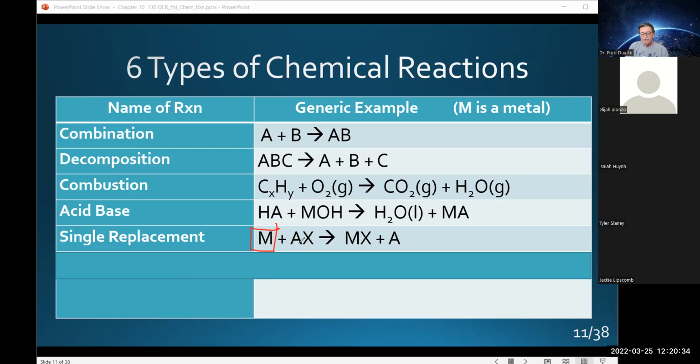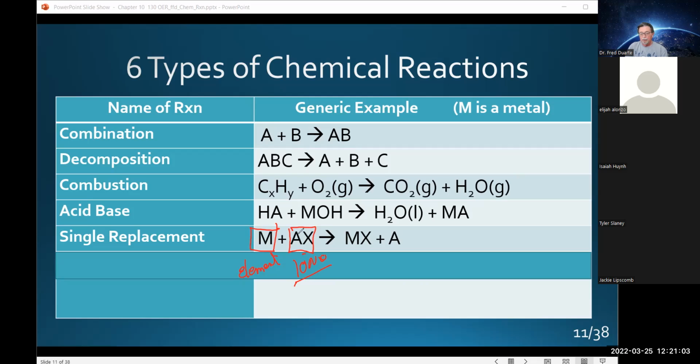In the presence of an ionic compound, which consists of a metal A and some nonmetal X, notice that? You are dealing with two metals. One is in an elemental form, and the other metal is in ionic form, okay? Now, if a reaction proceeds, the metals exchange places.